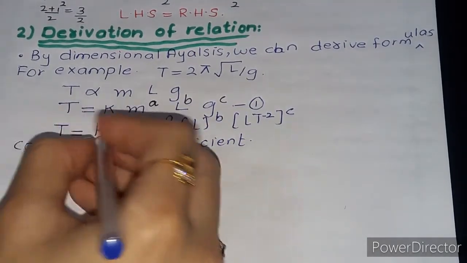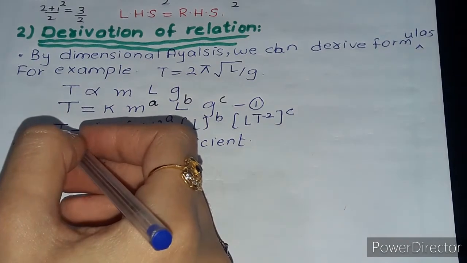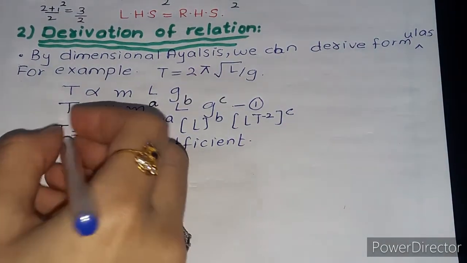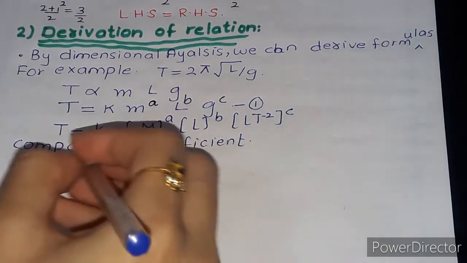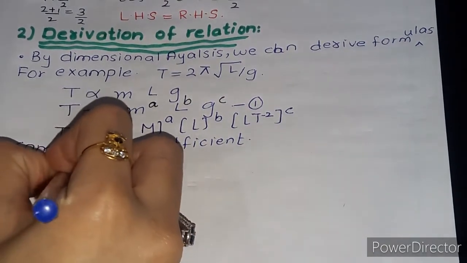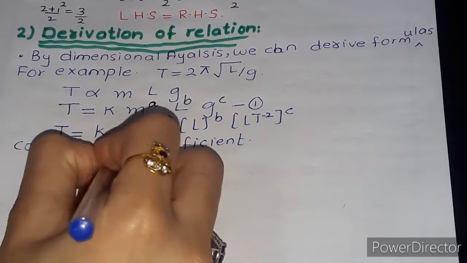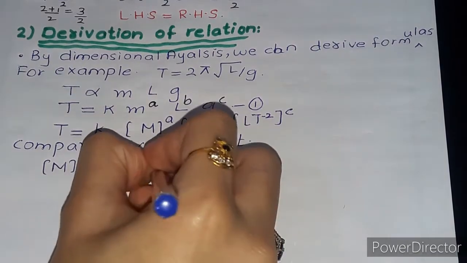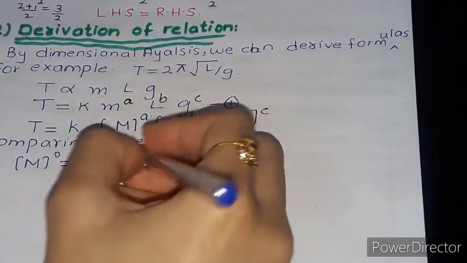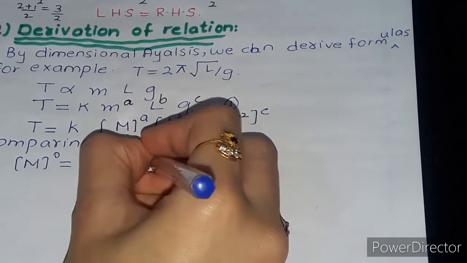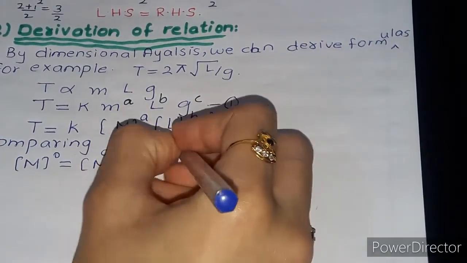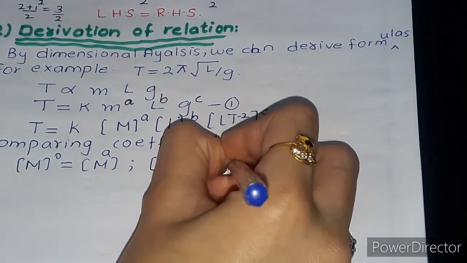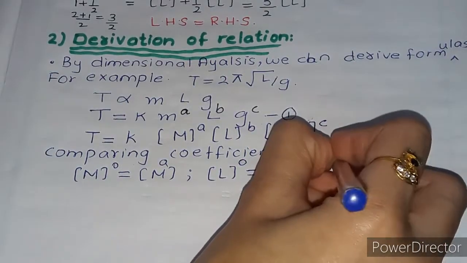On the left hand side there is no mass, so M to the power 0 is equal to M to the power a. Then L: on the left hand side there is no L, so it will be 0, b plus c.